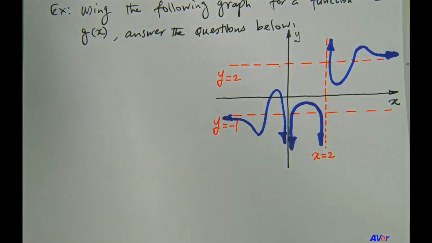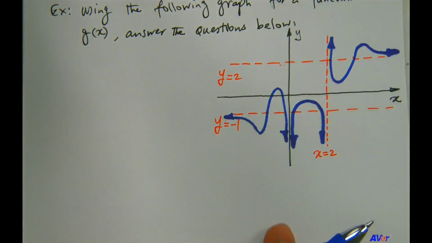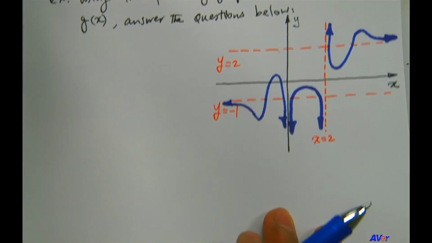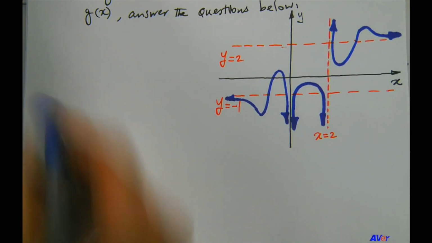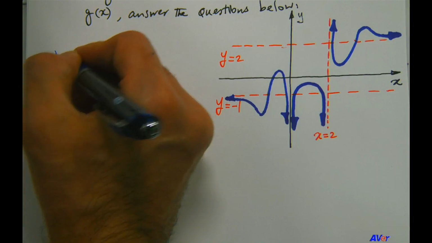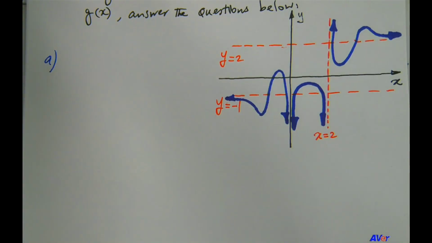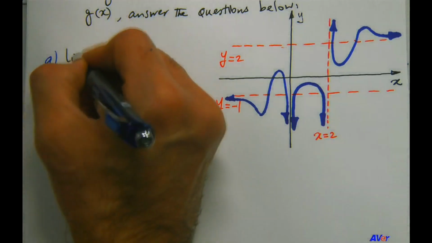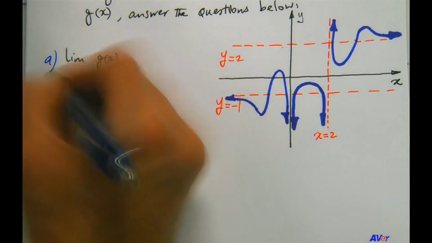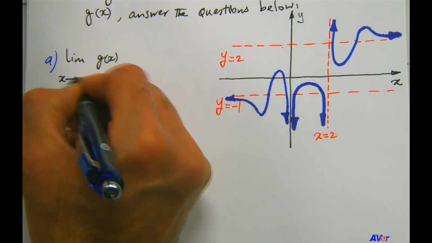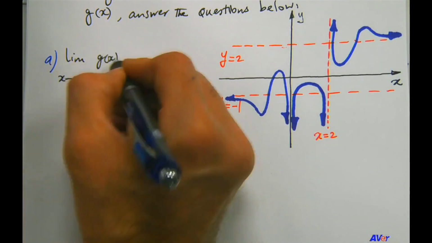Okay, so the questions for us to answer, given this graph, are as follows. For part A, we want to know what is the limit of the function g of x as x approaches infinity.